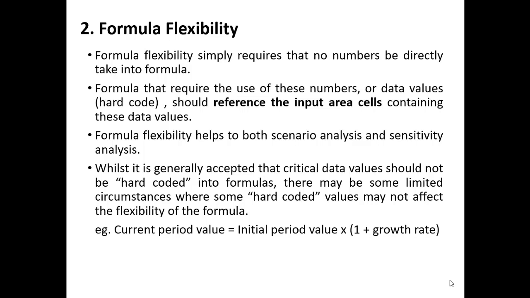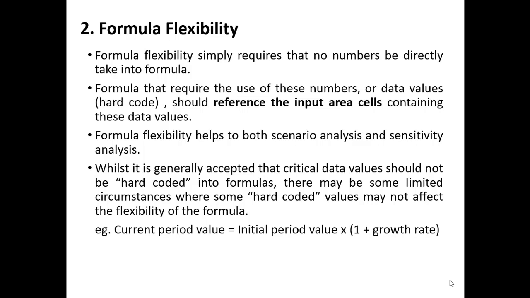The thing what you need to know here is that you are not going to type the numbers there. In the output section, you are not going to type the numbers, because if you type the numbers, what happens is that there you may find that there is no relationship with the input and the output. If there is no relationship with the input and output, the negative thing that can happen is that you cannot manipulate this model.